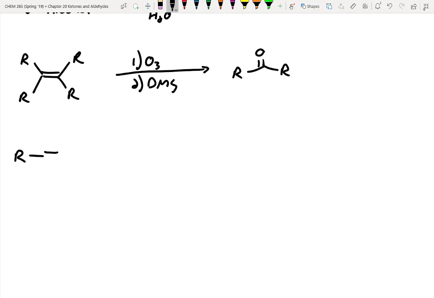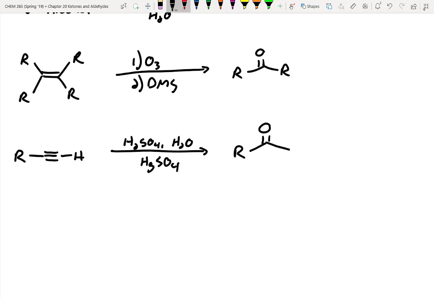And then same thing with alkynes. We said that you could convert this alkyne to a ketone by treating it with sulfuric acid and water and mercury 2 sulfate. Just like we saw before, the oxygen is now going to end up on the more substituted position, not the less substituted position.